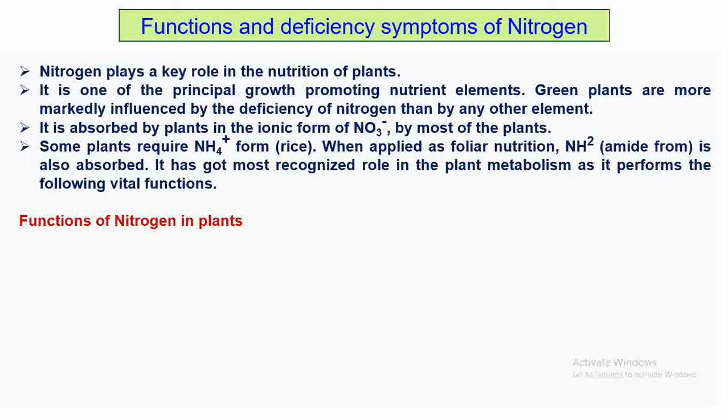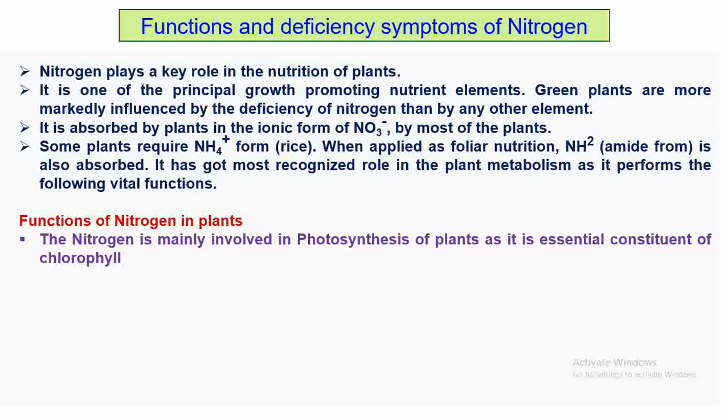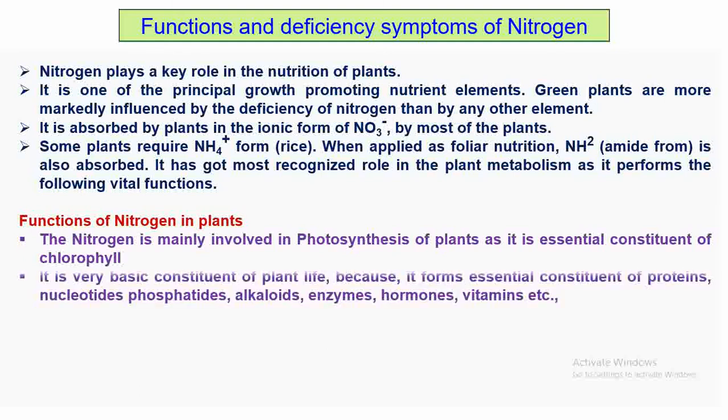It performs several functions. Role of nitrogen in the plant: nitrogen is mainly involved in the photosynthesis of the plant, and it is the essential constituent of chlorophyll. It is a very basic constituent of plant life because it forms an essential constituent of protein, nucleic acids, alkaloids, enzymes, hormones, vitamins.